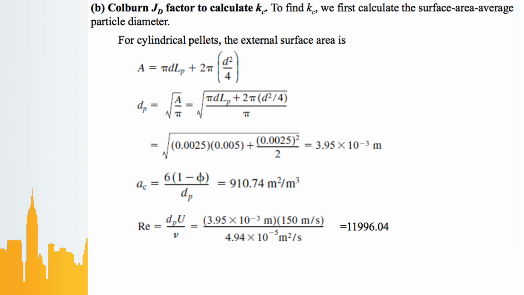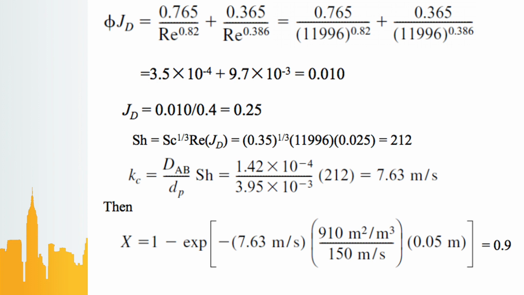Now you calculate the Reynolds number for the JD Colburn factor, which is almost 12,000, slightly different from the Reynolds number calculated using Thoenes and Kramers. Once you have calculated the Reynolds number, you insert it into the equation to solve for JD. JD from this equation is about 0.25.